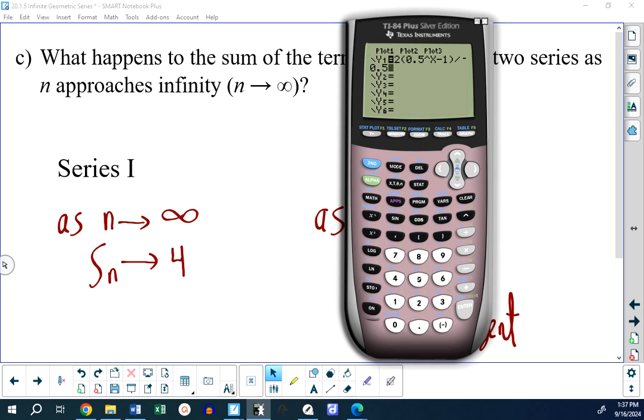Pretty sure. So when I go to my table here, I mean, it's saying 4. I'll come back to that. Look at this, 3.9999. It turns out it's not actually 4. It just keeps getting closer and closer and closer to 4. And there's a reason for that. It can't reach 4 for the following reason.